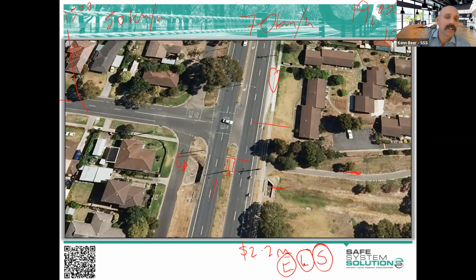So if you were to say, I don't know, I'm going to pick some random thing, let's go with, we're going to put some road safety barrier over this culvert, okay? Or, protect road users from dropping down into the culvert.